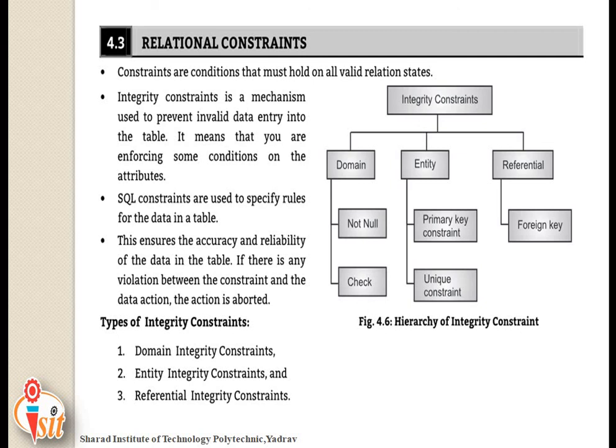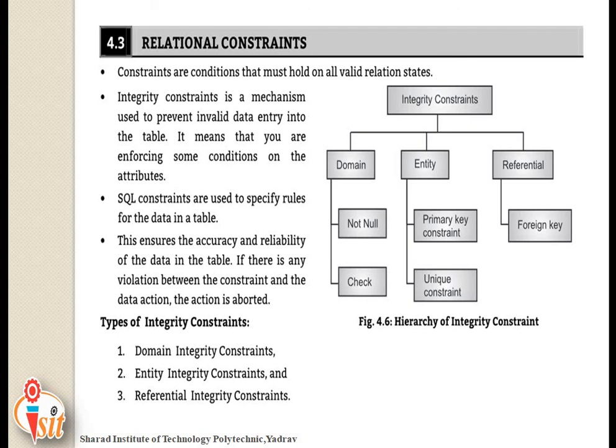You have already studied entity integrity and referential integrity, and you are all aware of their definitions. As I said, entity integrity ensures that there are no duplicate records within the table and that the field that identifies each record within the table is unique and never null. Referential integrity ensures that a value that appears in one relation for a given set of attributes also appears in a certain set of attributes in another relation.